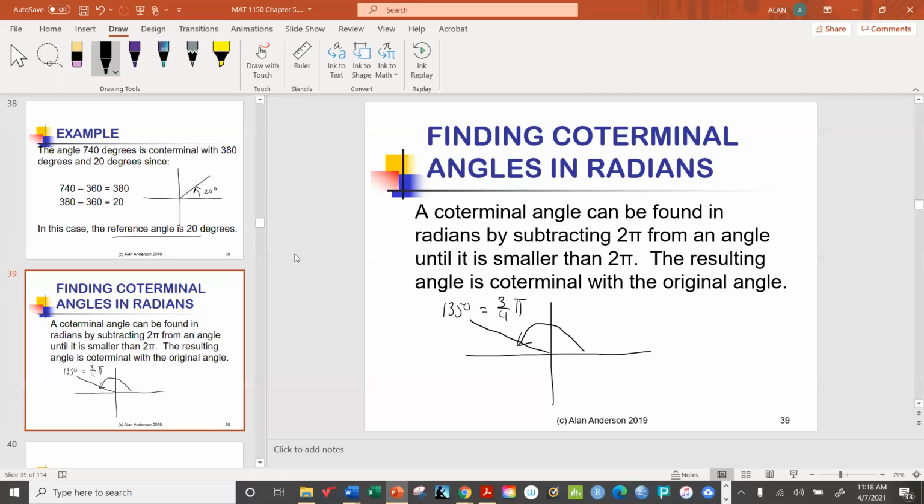All right. Going this direction, we'd have negative 225, which equals negative 5/4 pi.